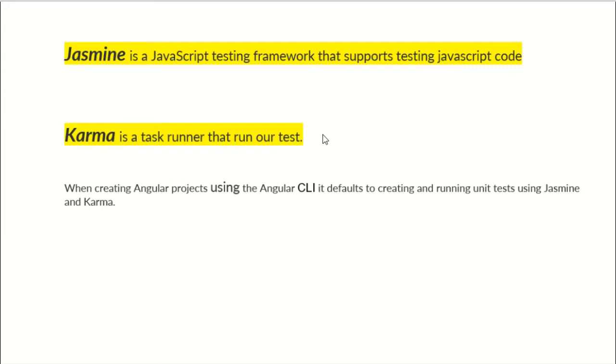There are two tools: one is Jasmine and the other is Karma. When you are creating an Angular application, by default these two packages are installed through the CLI. Jasmine supports testing JavaScript code, meaning any component, module, pipes, or services, since those are JavaScript code.